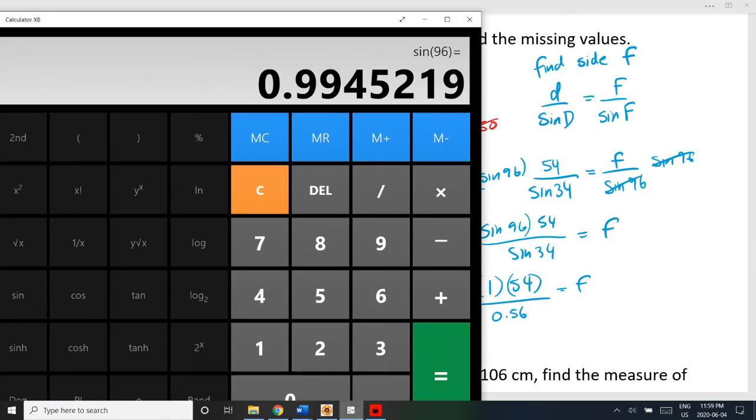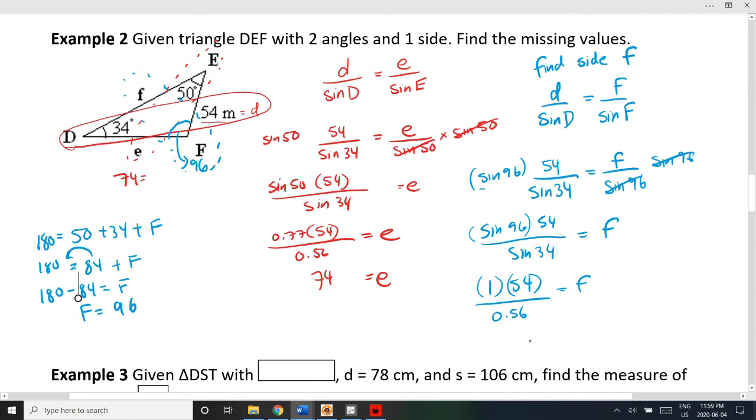So we have 1 times 54 divided by 0.56 gives us 95.9, or F is equal to 96 if we round to the nearest value. So F is equal to 96. So we know what side F is, 96 meters. And there we have solved this triangle.